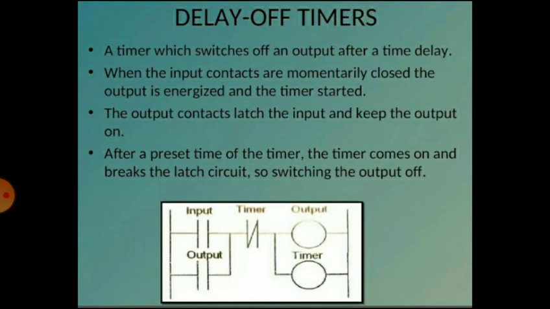When the input contacts are momentarily closed, the output is energized and the timer starts. The output contacts latch the input and keep the output on. After the preset time of the timer, the timer comes on and breaks the latch circuit, so switching the output off.